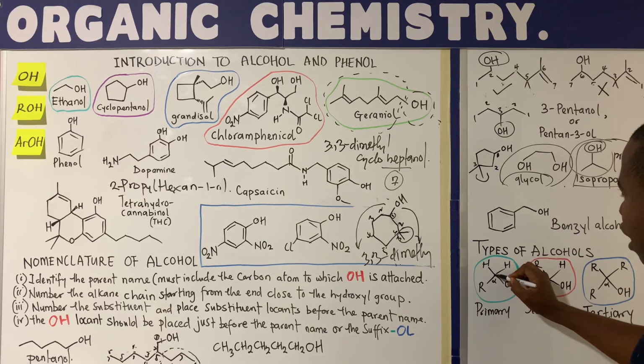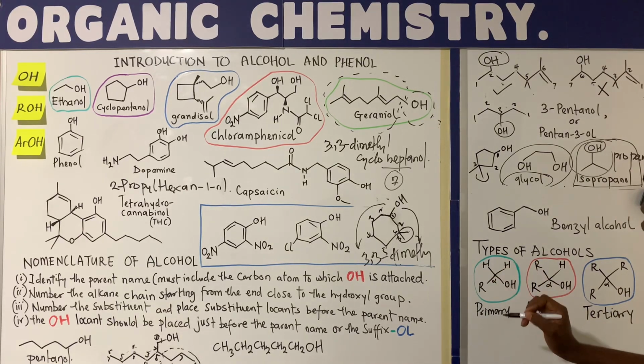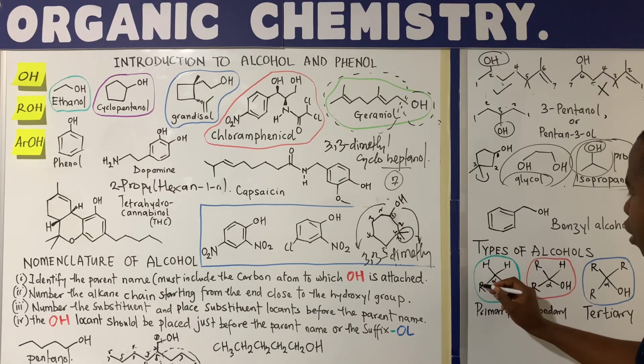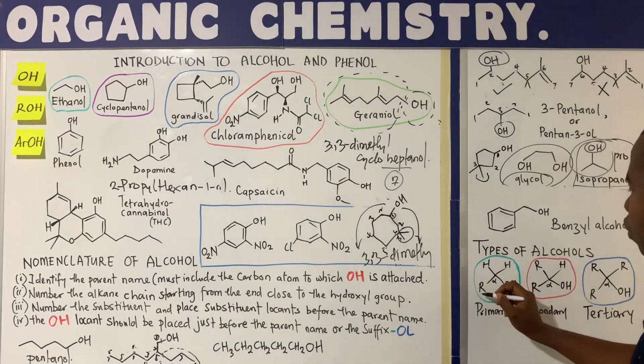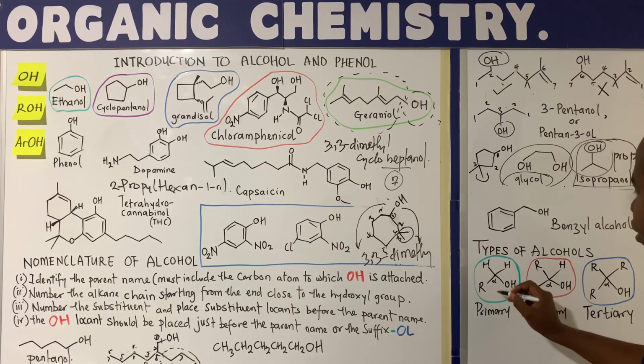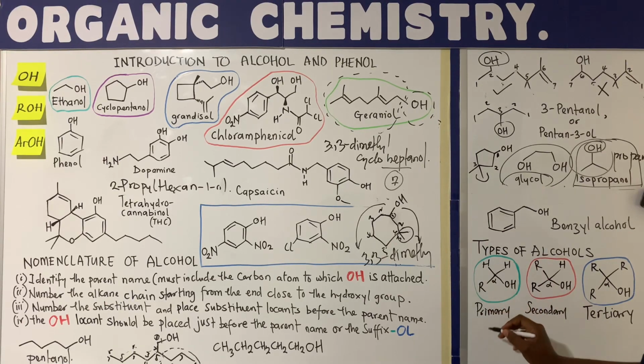And how many other alkyl groups are connected to this alpha carbon? That is the question you ask yourself. And the answer to that will determine if this alcohol is a primary, a secondary, or a tertiary alcohol. To simplify this, if you have just one alkyl group attached to the alpha carbon, the carbon carrying the hydroxyl group, then you say that is a primary alcohol.